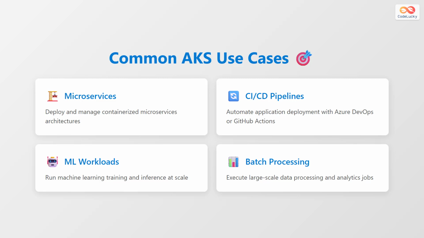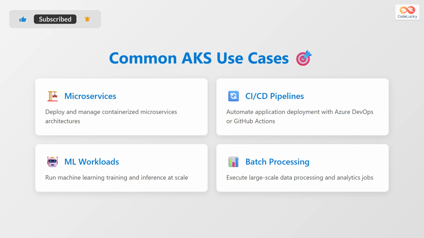AKS is well-suited for a variety of use cases in modern cloud environments. It excels at deploying and managing microservices architectures, where applications are broken down into small, independent services that can be developed, deployed, and scaled independently. AKS integrates seamlessly with CI/CD pipelines using Azure DevOps or GitHub Actions, enabling automated application deployment and continuous delivery.